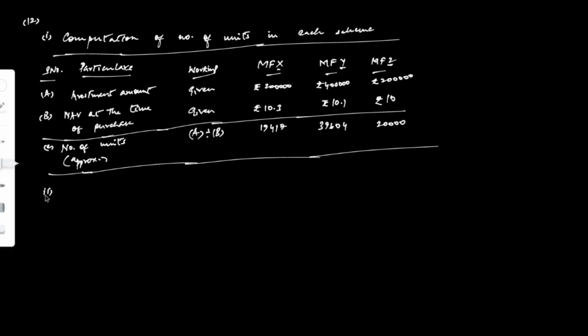Next, total NAV. Total NAV is equal to number of units into closing NAV. So for any mutual fund, total NAV is number of units into closing NAV.